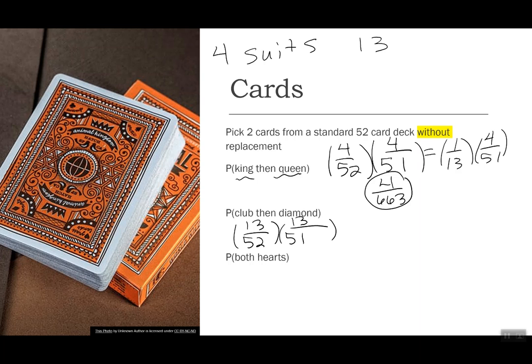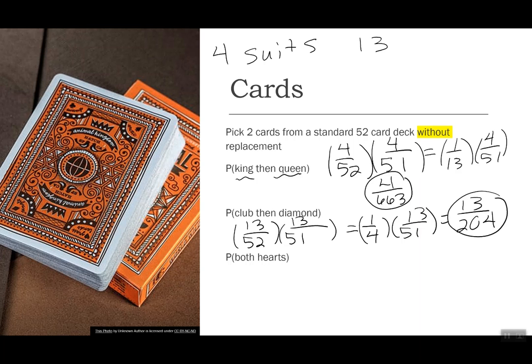So there's just that same little bit between the 2 that there's dependent because I held on to the card. 13 over 52 reduces to 1 over 4. 13 over 51 does not reduce, so I can multiply 1 times 13 is 13, and let's do 4 times 51, and this gives 204.